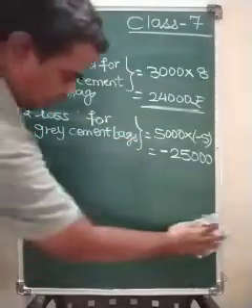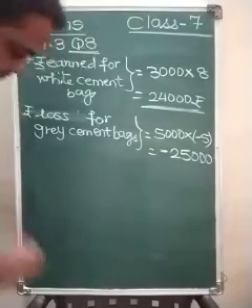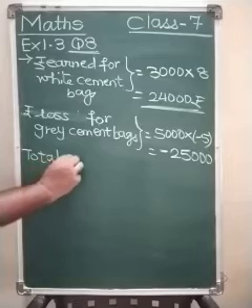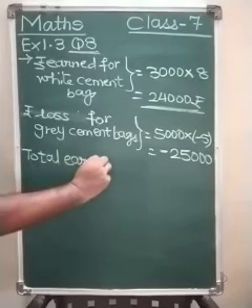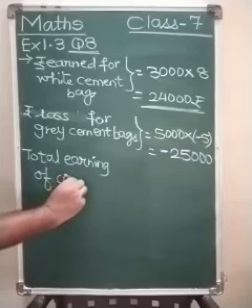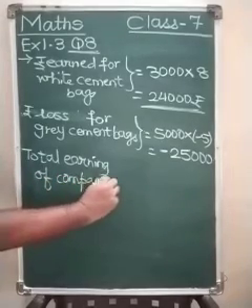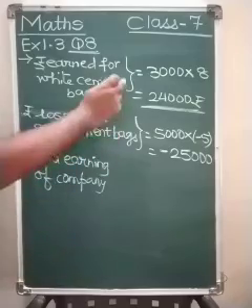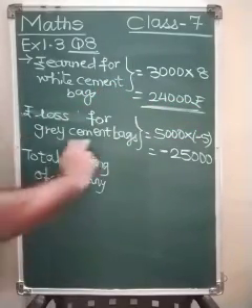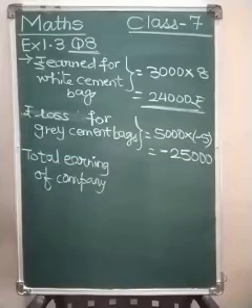Let us see whether the company has a profit or a loss. Total earning of company. For white cement they have earned 24,000 rupees. For grey cement they have a loss of minus 25,000 rupees.